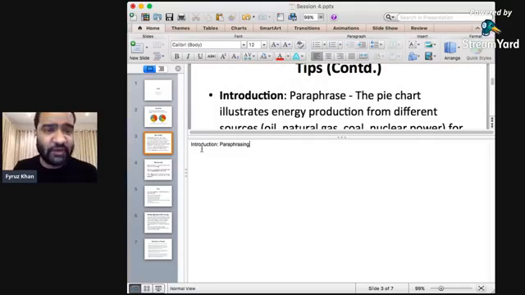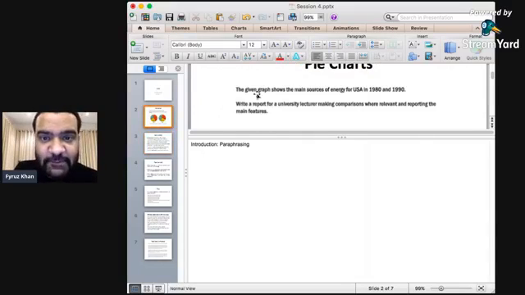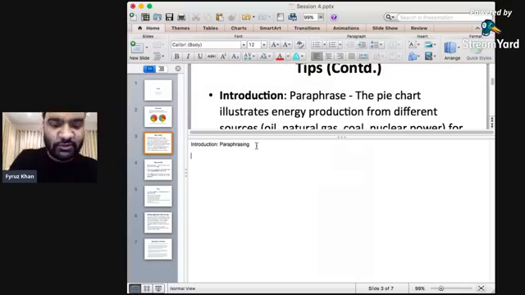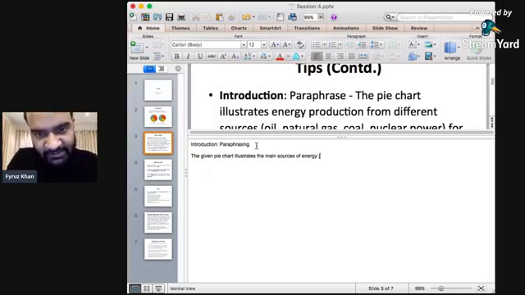So you paraphrase this line. That's it. It is that simple. You paraphrase. So you can write, the given pie chart illustrates the main sources of energy, and you can write the main sources in brackets.